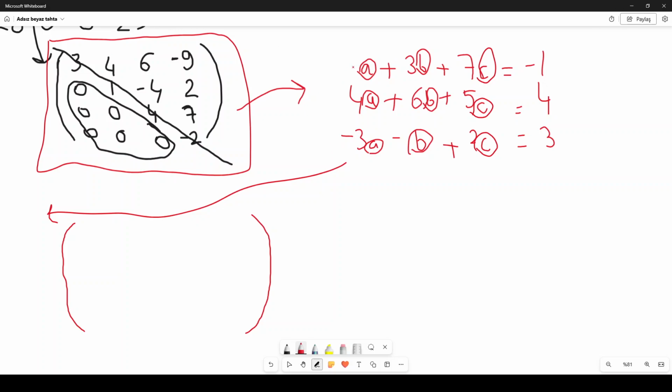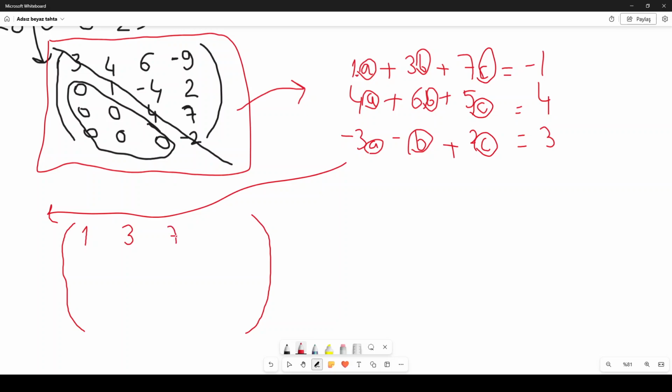I look at the coefficients. The coefficient of a in the first equation is 1. I just write the coefficients of the unknown variables from top to bottom. So I start with the first equation. The coefficient of a is 1, the coefficient of b is 3, and the coefficient of c is 7.